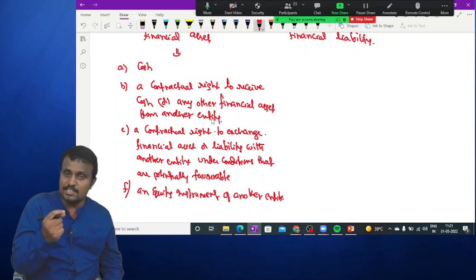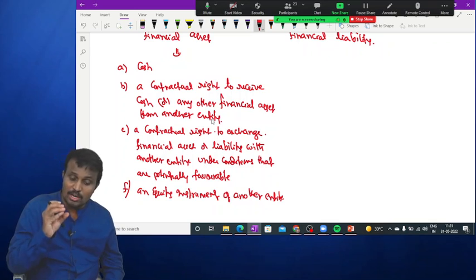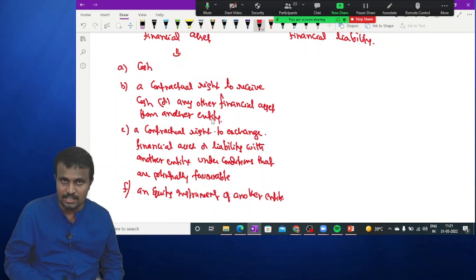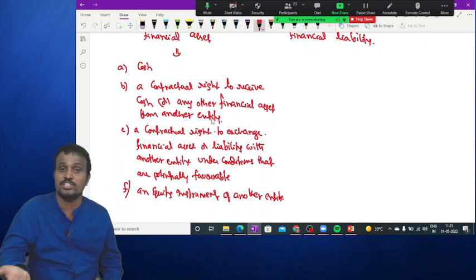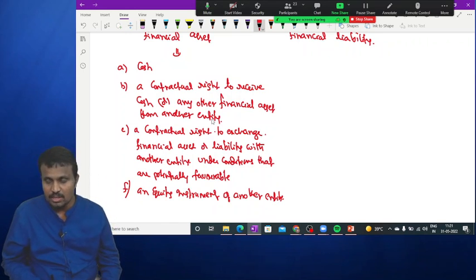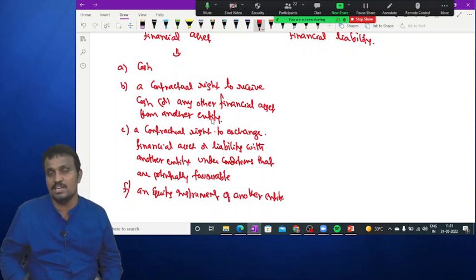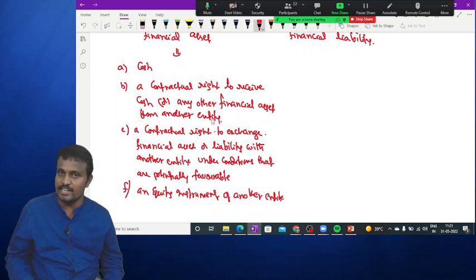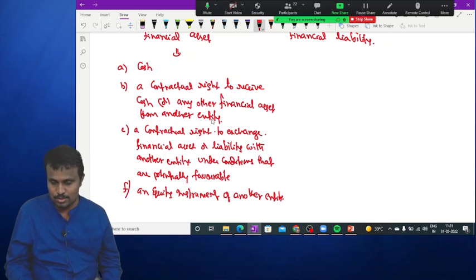So that is said to be a financial asset. A contractual right to receive the cash from another entity, or a contractual right to receive a financial asset from another entity. Not only in cash. So you may receive those benefits in another financial asset also.